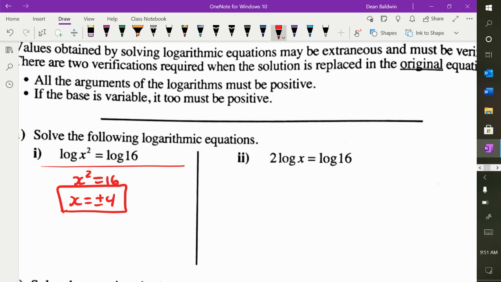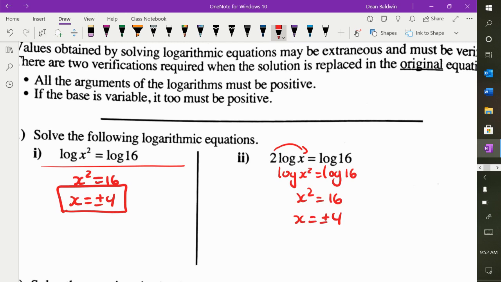What do we want to do? You can't get rid of the logs yet because we got the stupid 2 in front. So you can move it up. And then you equate them. And you get? Okay, so you get plus minus 4.